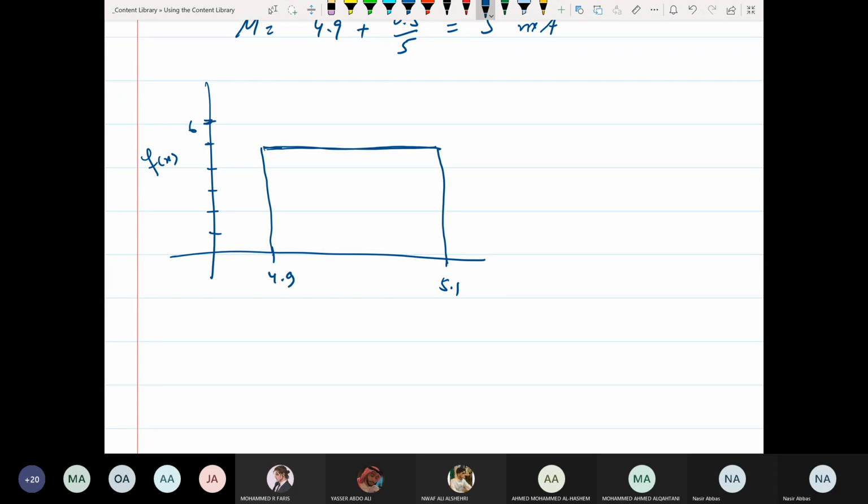And the total area under this curve is 1. So the overall density looks like a rectangle. That is why this distribution is also called rectangular distribution.